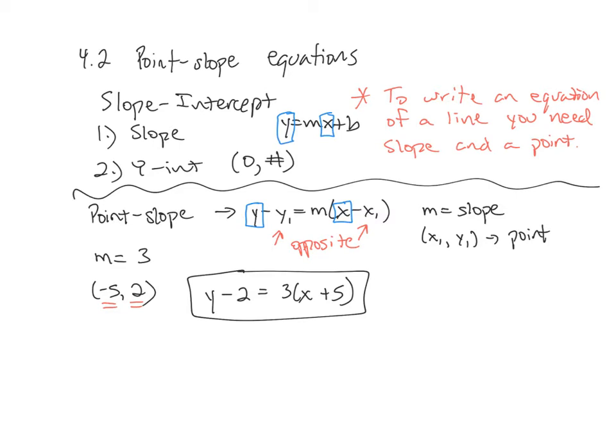Okay. But then as we move through the assignment, it's going to say to write an equation in slope-intercept form. But you're not going to have the y-intercept because the point isn't 0, something. So we're going to have to start in point slope form.